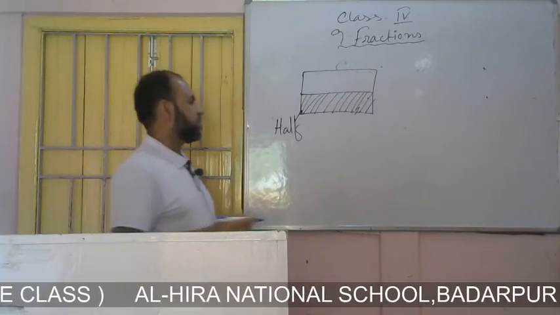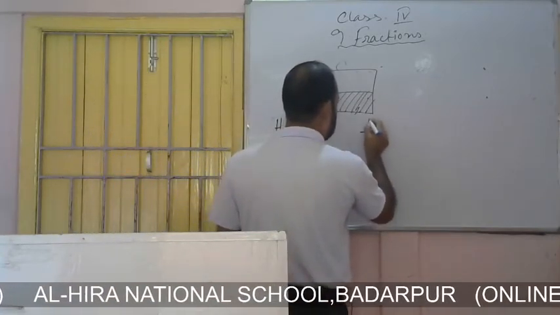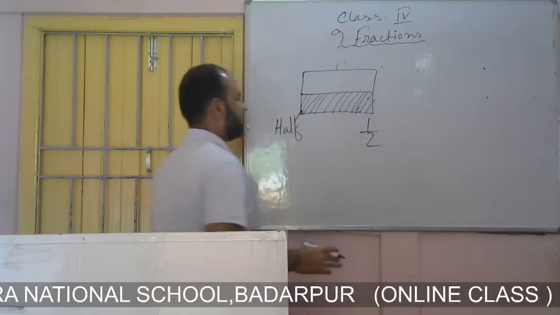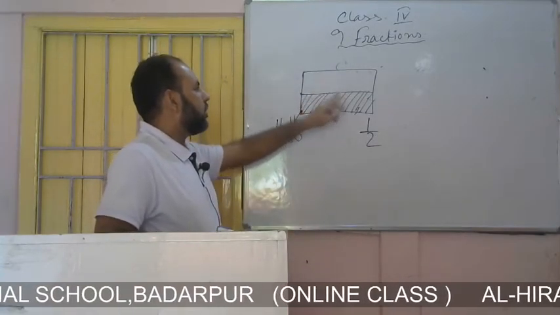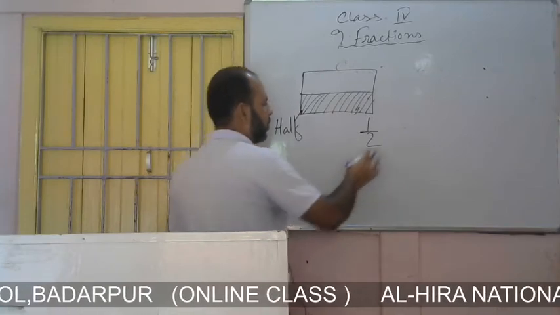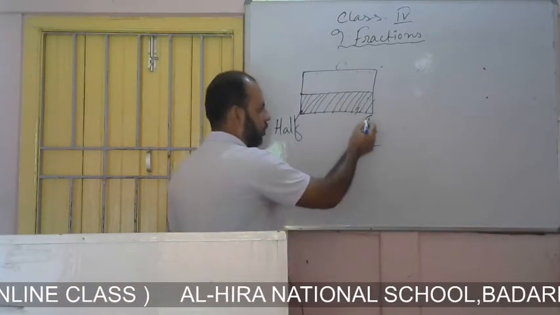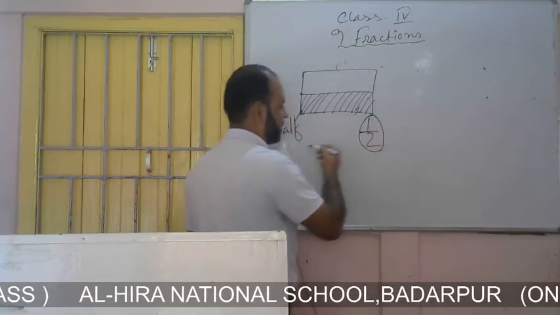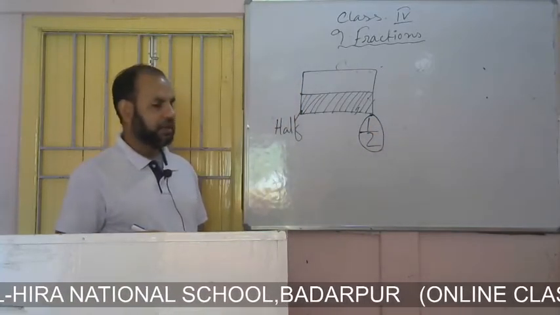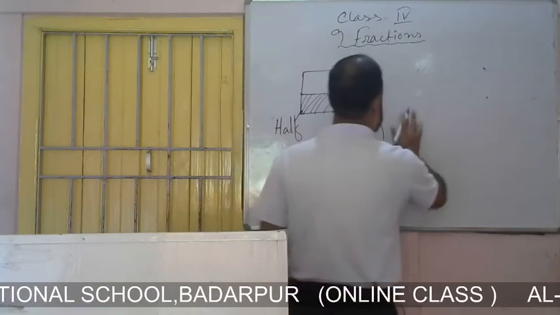As a fraction we write 1 by 2. This means one part out of two parts. So, this 1 by 2 is a fraction.